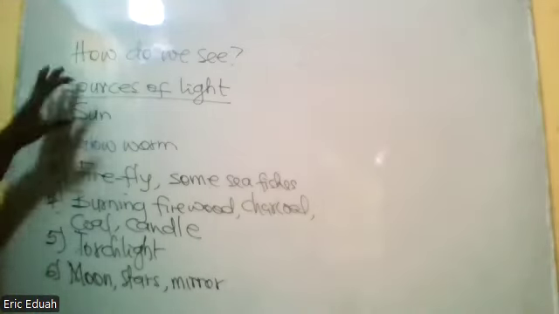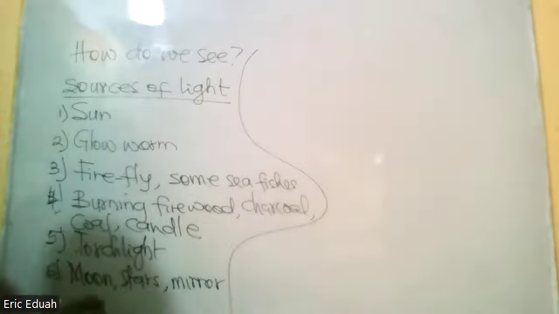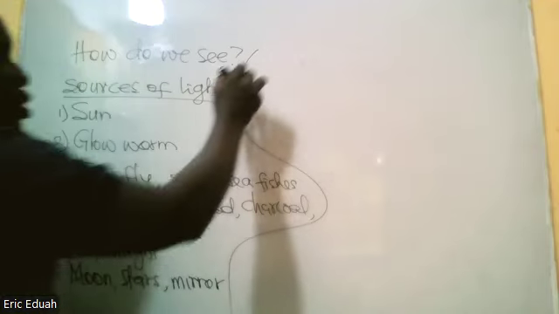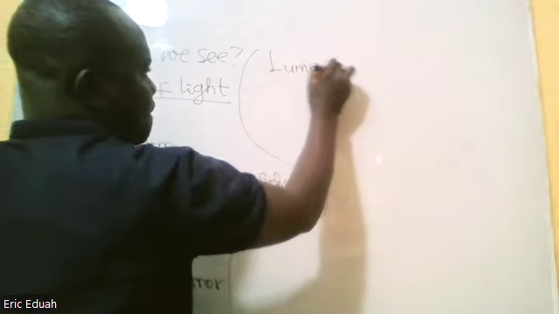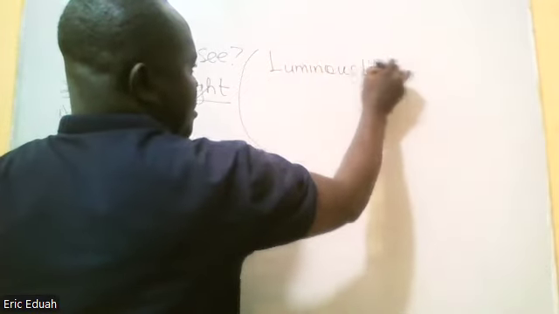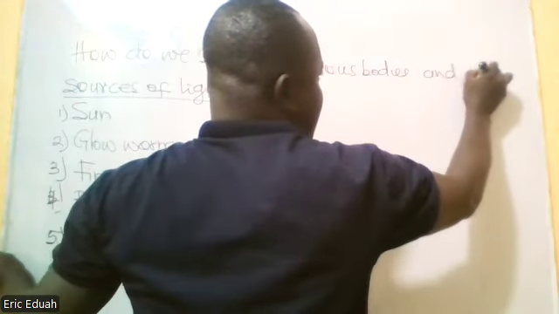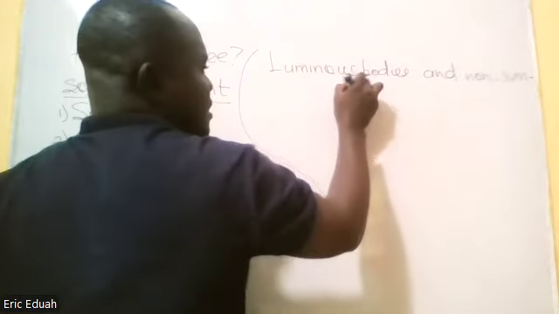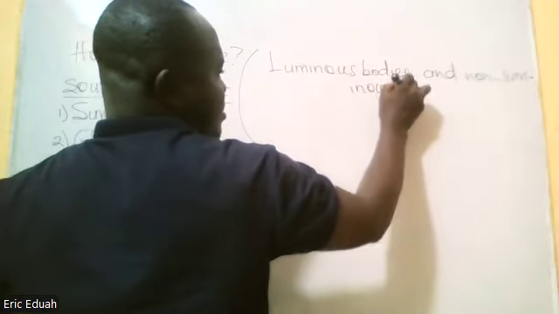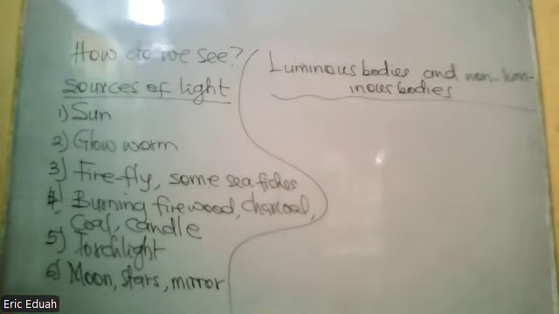However, you see the sources of light, we can group them into two: luminous bodies and non-luminous bodies. These sources of light, we can put them under these two umbrellas.